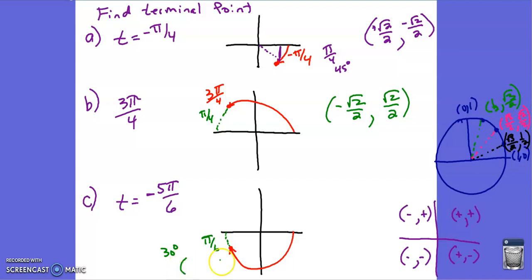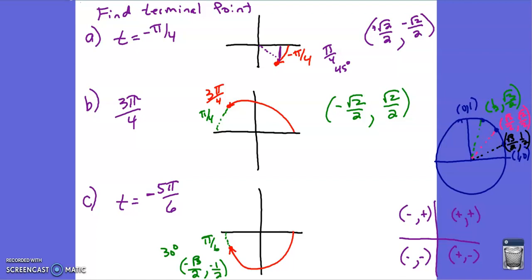So it's going to be negative square root of 3 over 2, and then negative 1/2. All right, so that's how you would find the terminal points, using the unit circle and the quadrants, which give the signs.